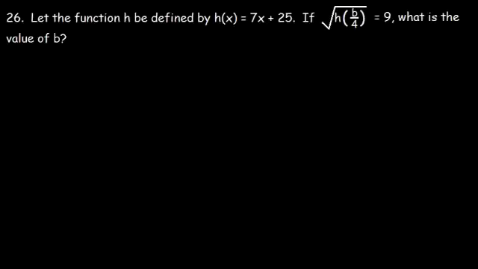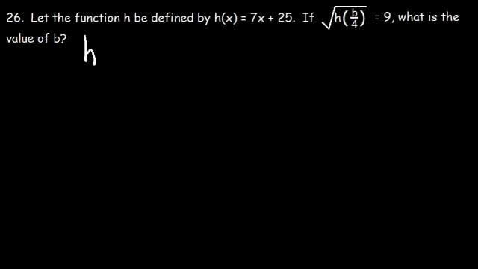26. Let the function h be defined by h of x is equivalent to 7x plus 25. So if the square root of h of b over 4 is equal to 9, what is the value of b? So let's start with the inside part of h of b over 4.